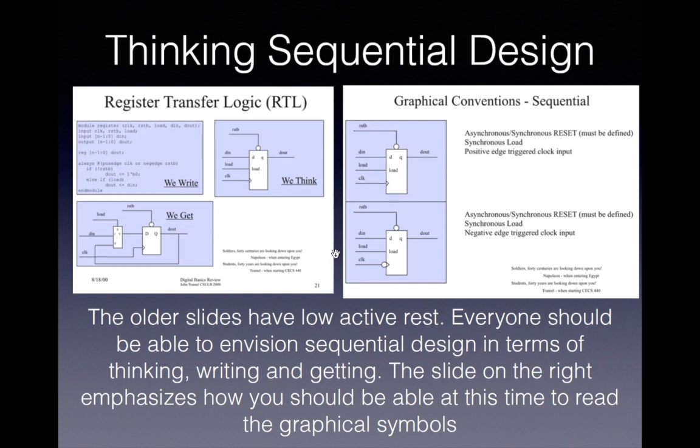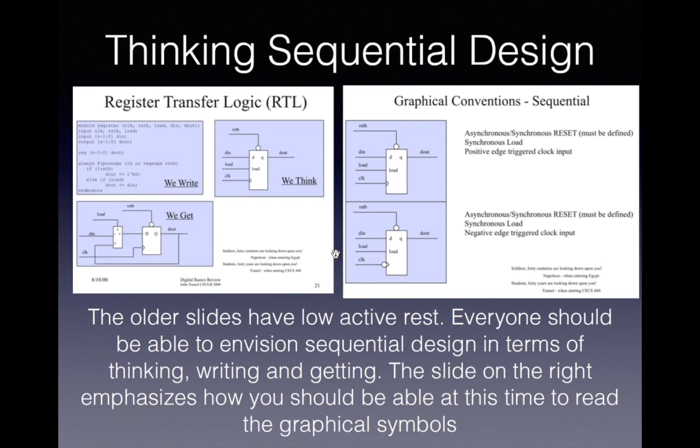But on the right, I want to emphasize that when you look at a graphic symbol, you should be able to read and understand the active edges or levels of the inputs. So on the right, on the upper one, you can see the clock runs straight in. That's telling you it's a positive edge clock.